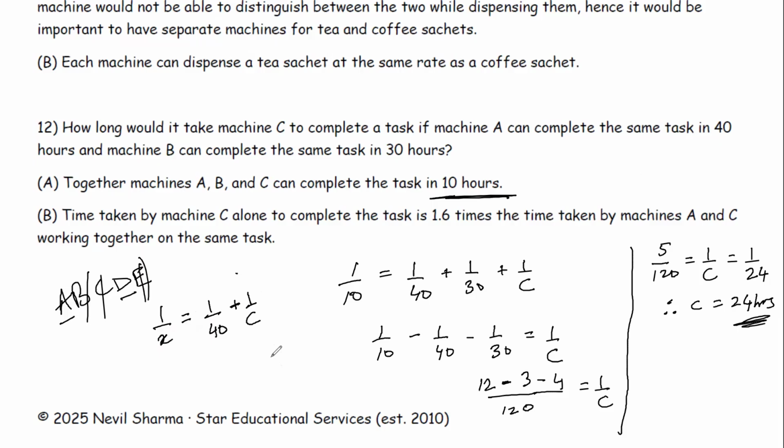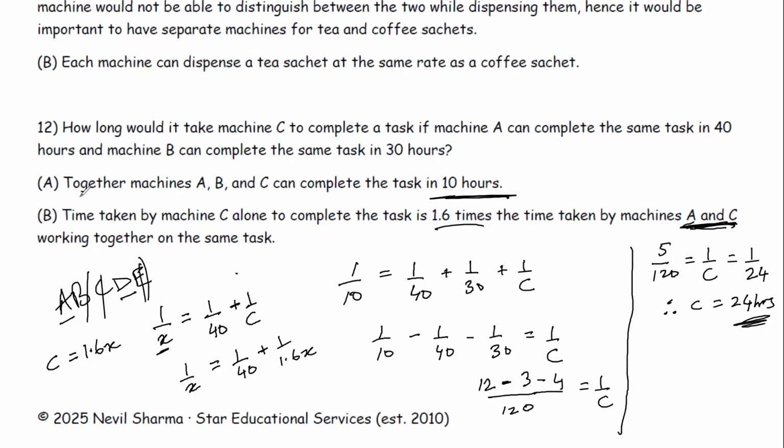Time taken by C alone is 1.6 times the time taken by A and C. So this C is 1.6 times this X, because I'm assuming that X is the time taken by A and C together. So 1 by X is equal to 1 by 40 plus 1 by 1.6x.